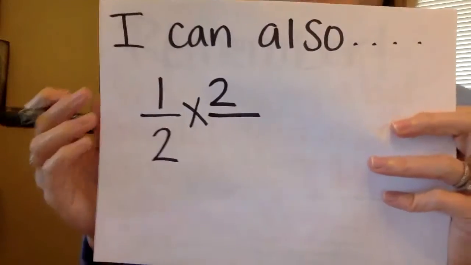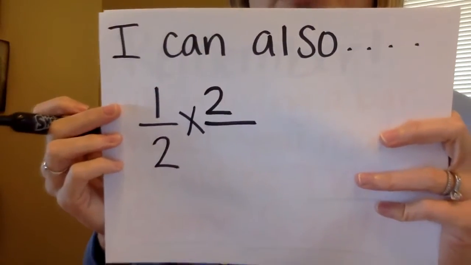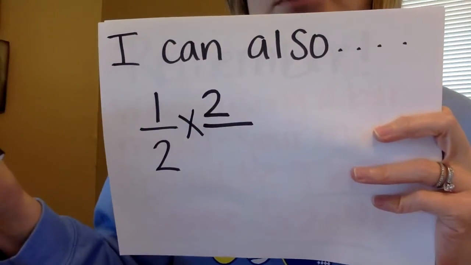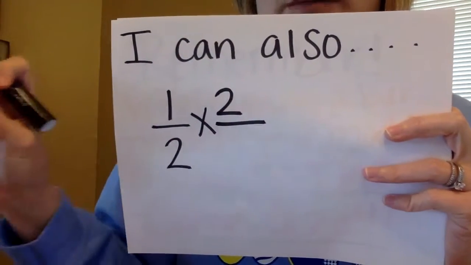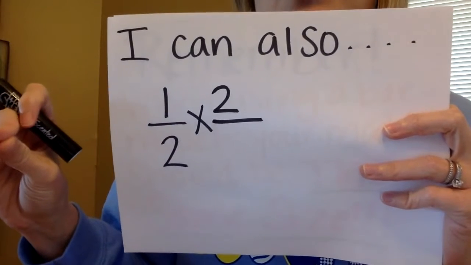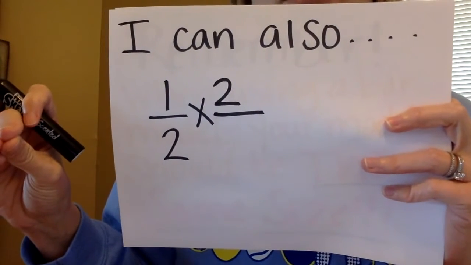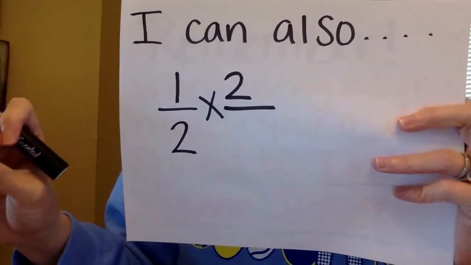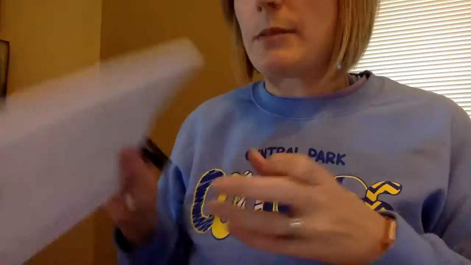Now, when I'm using the multiplication method, I need to make sure that I am using the same number on the top and on the bottom. I have to multiply by the same number because I don't want to change the area that the shaded is covering. So I'm going to multiply that denominator by 2 as well.